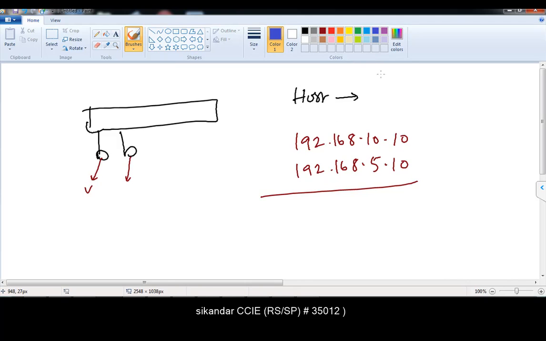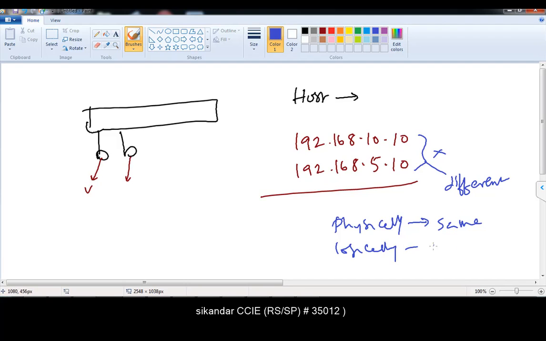The answer is they will not be able to communicate, because even though they are physically in the same network, physically meaning when you connect them, they are both in the same LAN, logically they are in different networks.